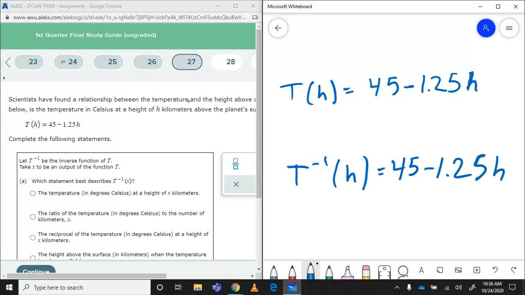And then I'm going to flip the spots of the variable and the output. So I'm going to say h is equal to 45 minus 1.25 of this inverse equation.